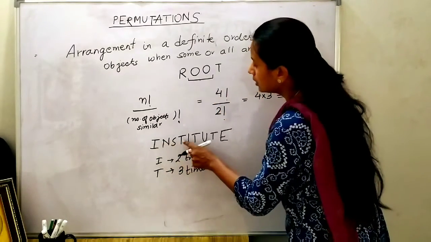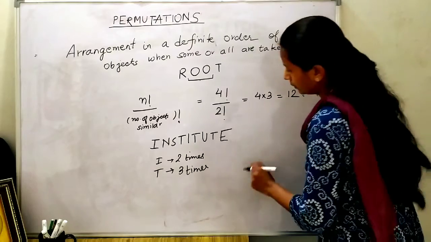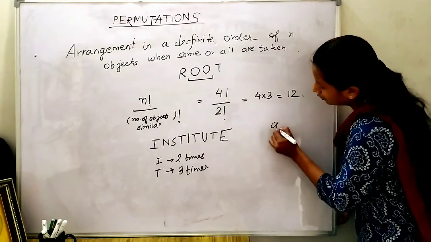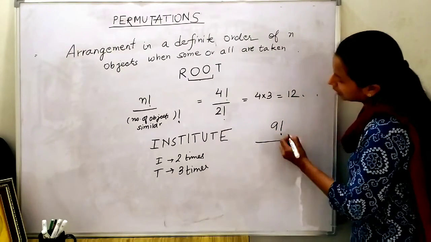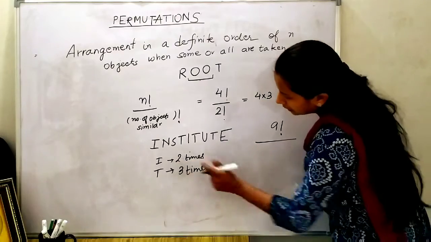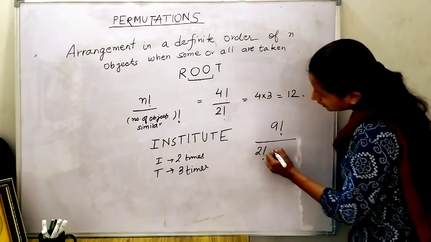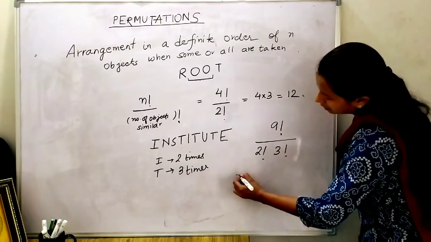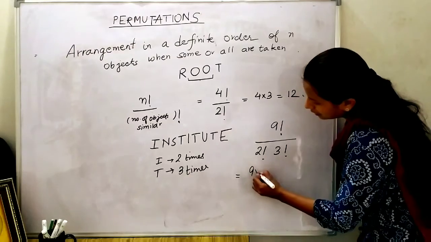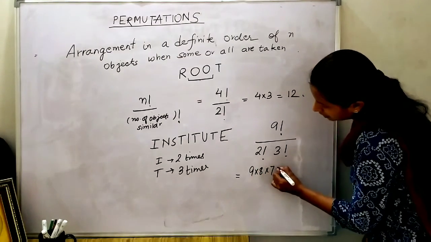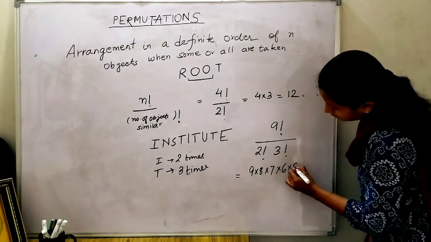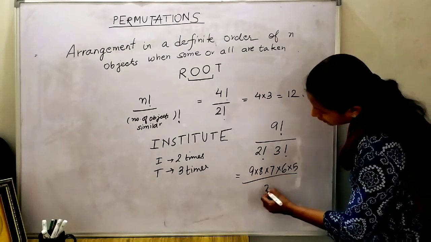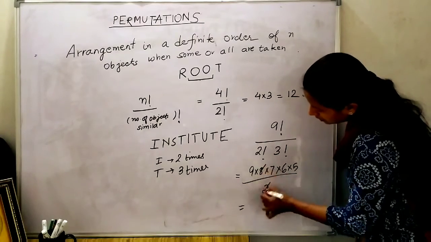And it's a 9-letter word. So the number of permutations is 9 factorial divided by 2 factorial and 3 factorial, which is 9 into 8 into 7 into 6 into 5 by 2.